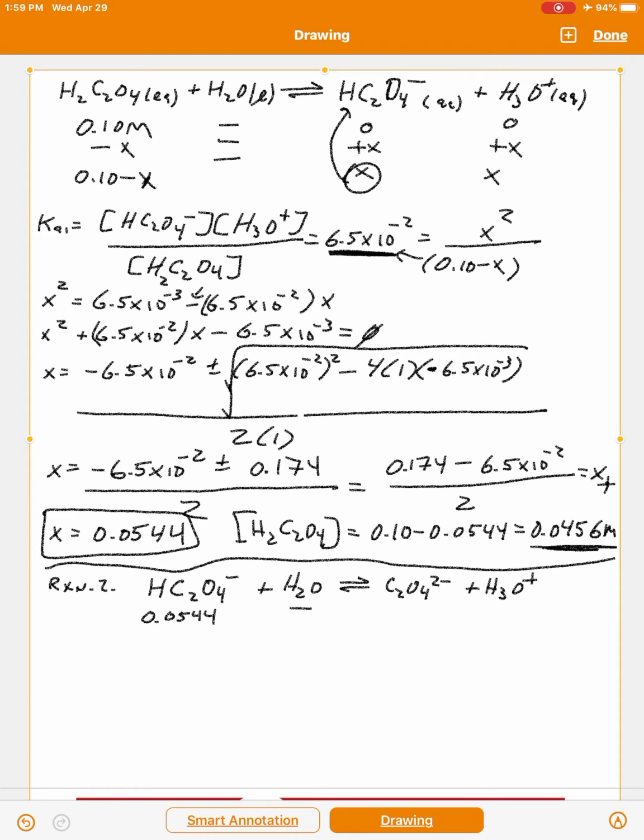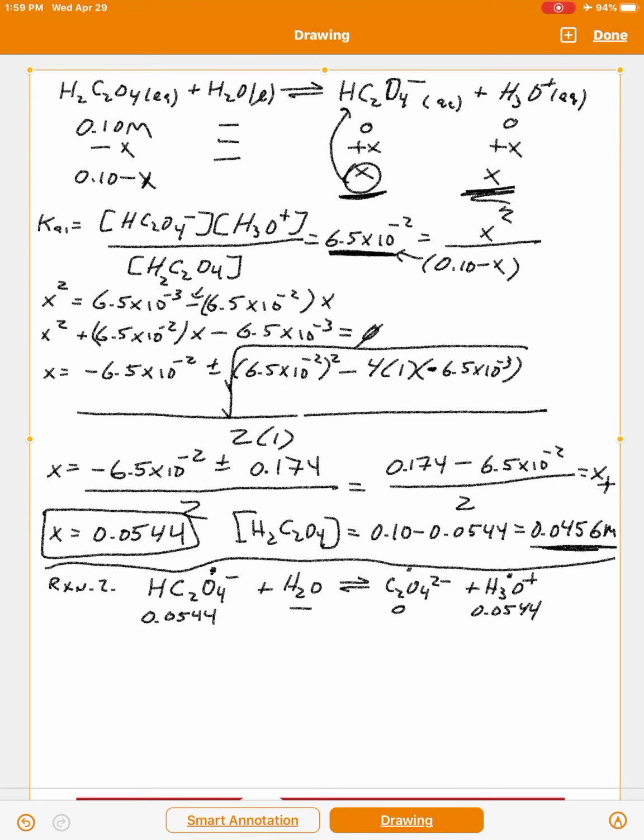Water's a liquid. These start off as 0, but actually H3O plus is not initially 0. It's X. So it's also 0.0544, right? Look what happened in that first reaction. X here and X here. So this one right here is going to be the same as that one. Now, because this one is 0, Q is still 0. 0 times 0.0544 divided by 0.0544 is still 0.